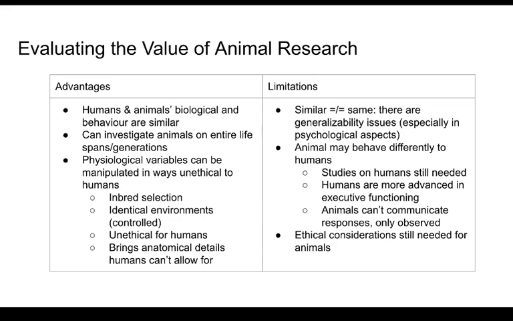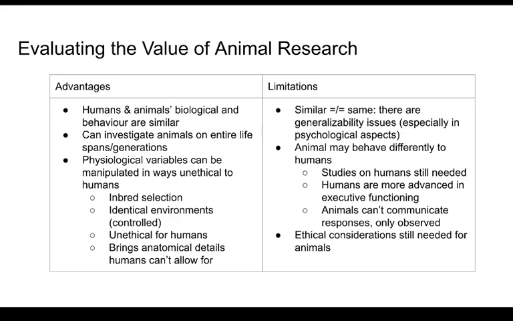Furthermore, there are a lot of physiological variables that can be manipulated that are unethical in humans, such as inbred selection. So selecting animals from the same parent, because some animals can give birth to several animals at the same time.